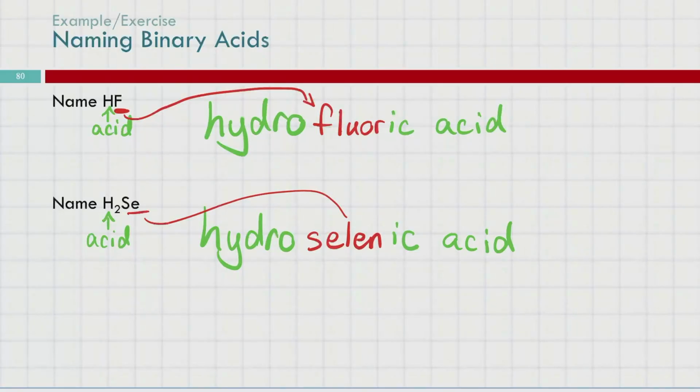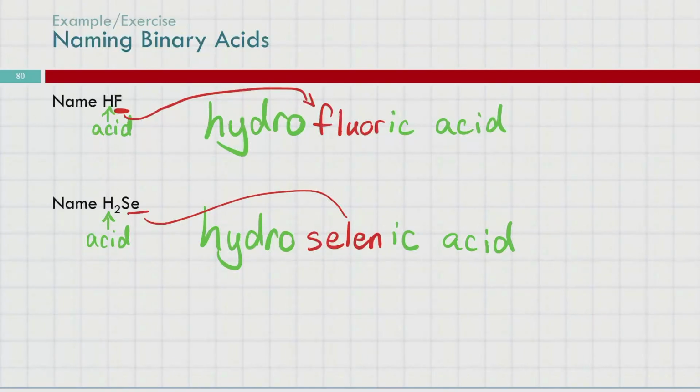Questions about those? Yes? Since there's a 2 on the H, does that matter? The way that we work backwards from the name to the formula is we would look at the base.